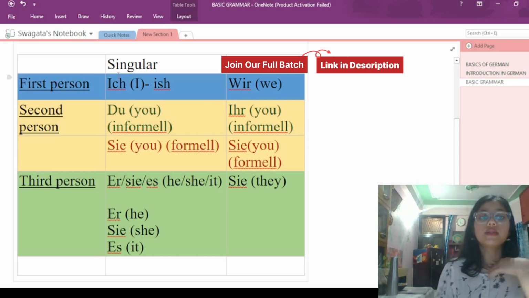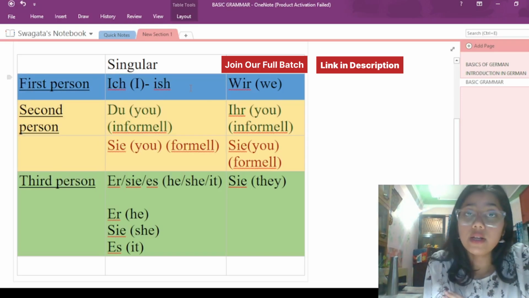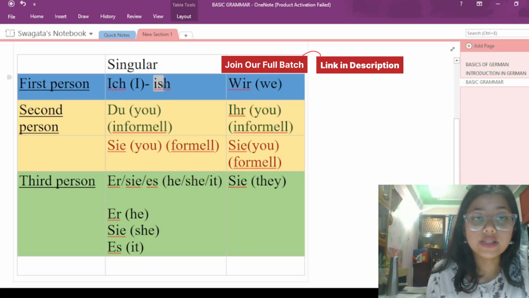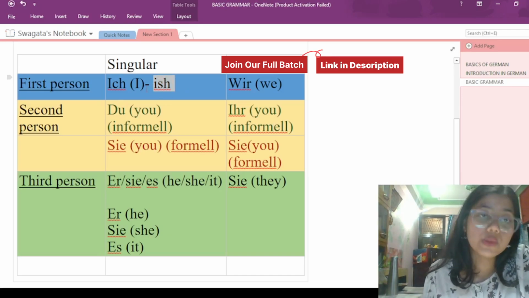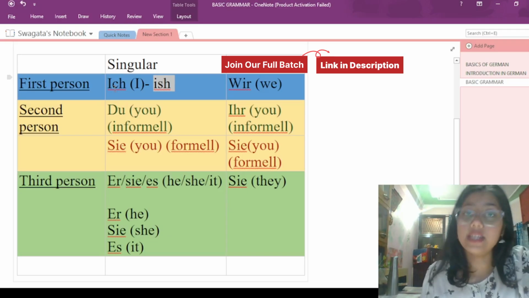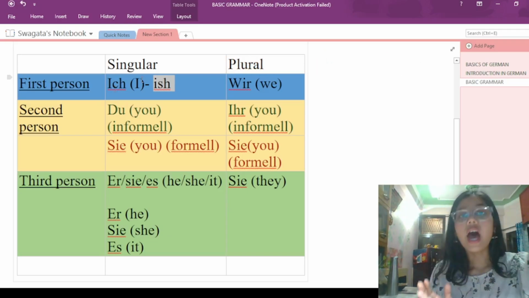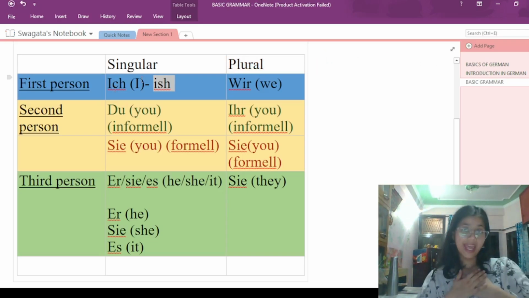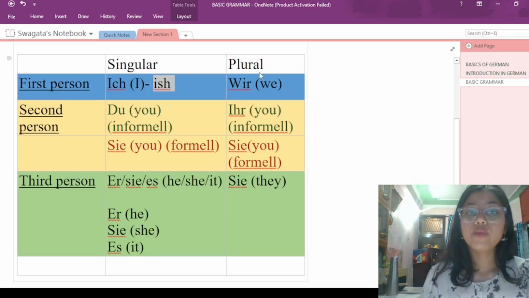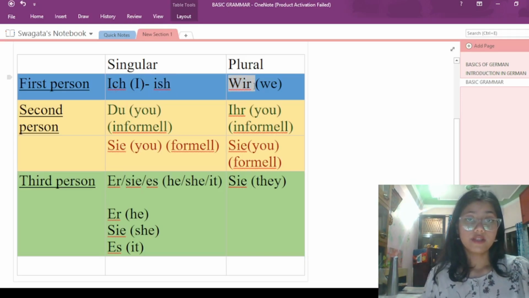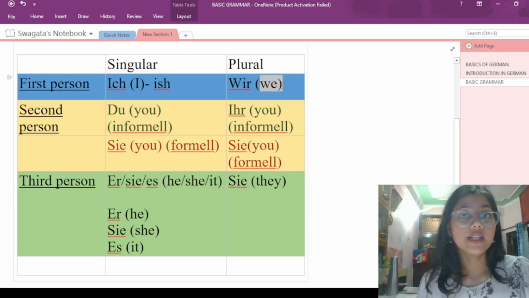In the first person singular form, we have ich. I have written the pronunciation here, it's pronounced ish. Ich means I in German. In plural, we have wir, which means we in German.